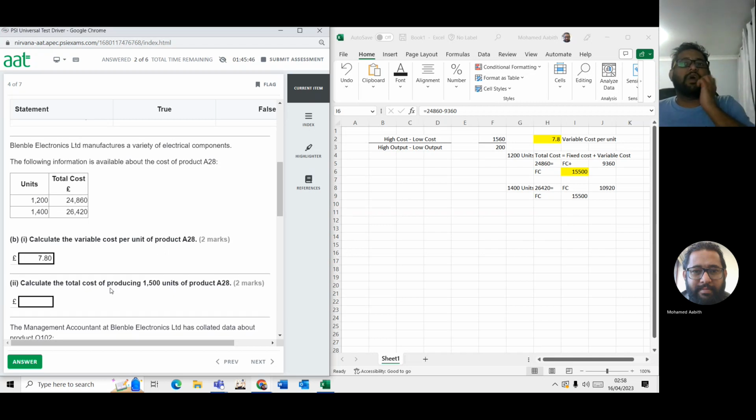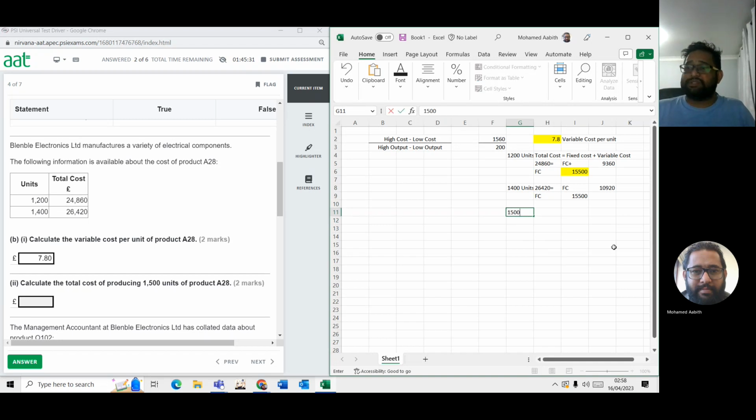Next one, calculate the cost of producing 1,500 units of A28. So now what we'll be able to do, we need to calculate the amount of variable cost at 1,500 units. The total cost will be, what is your fixed cost? 15,500.